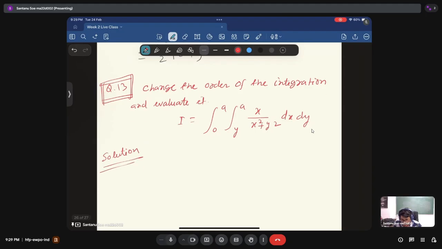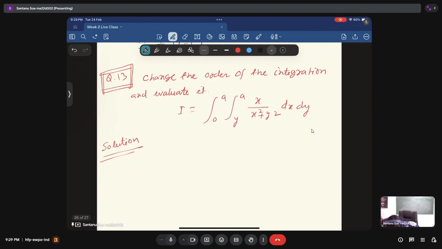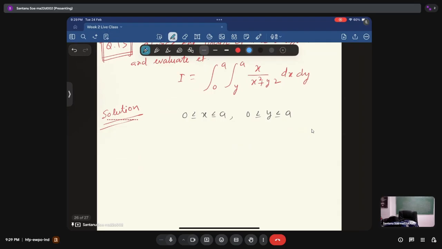Now we're gonna draw the region in which we are doing the integration, and then we'll change the order, and then we'll try to evaluate the value of the integration. Okay. So here see that x is varying from y to a, and y is varying from 0 to a. Okay. So this is x equals to y.